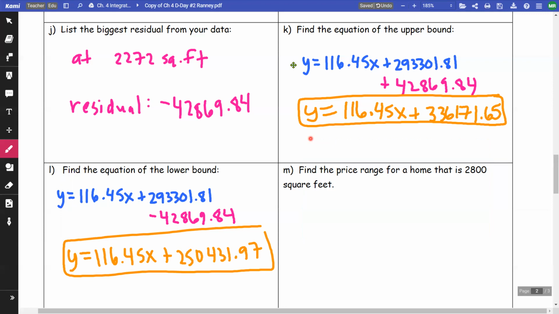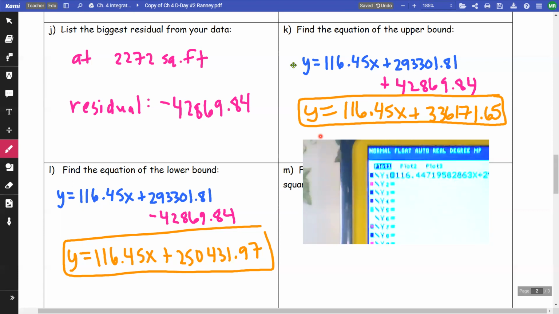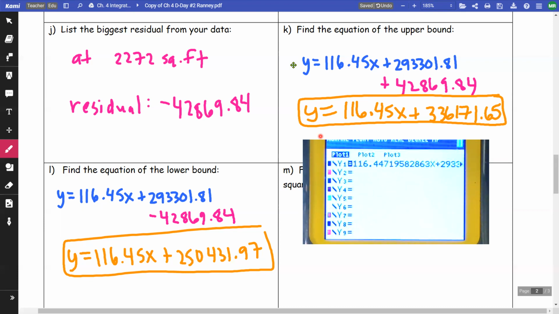Now, just to show you guys, if I was to put this onto my calculator, I could come to my y equals. You see my original equation.